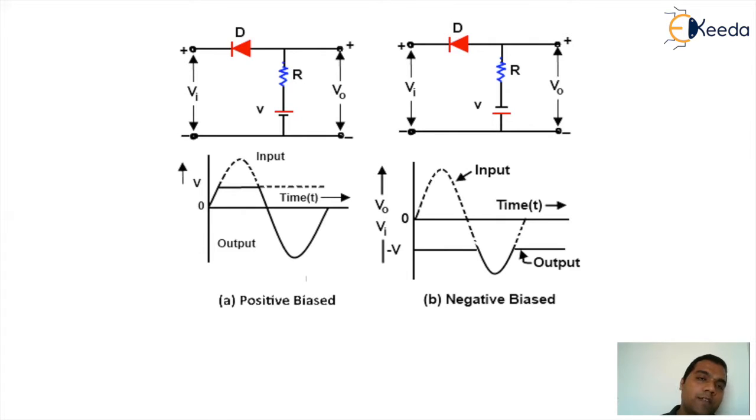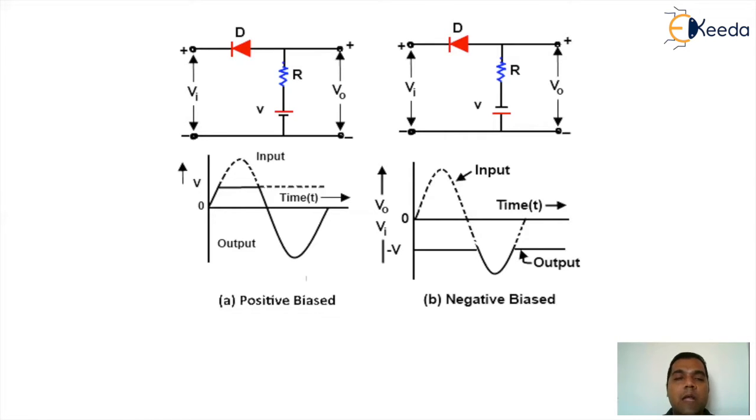So because of this, till the time in the positive half cycle the input reaches 2 volt, the diode will be forward bias. If it is forward bias, it will work like a closed switch. Input will reach the output. But once the input crosses the level of 2 volt, you will find that a diode will work like an open switch. And hence, the output VO will retain the value of V.